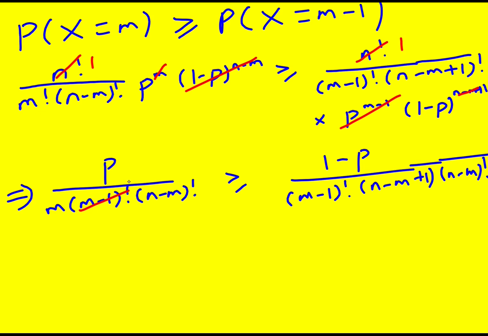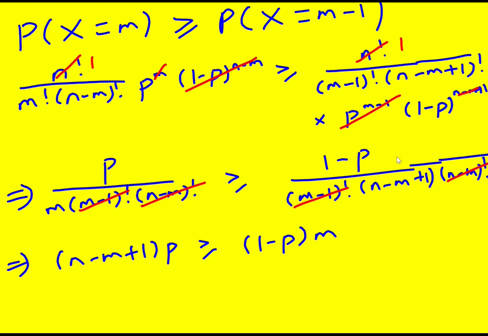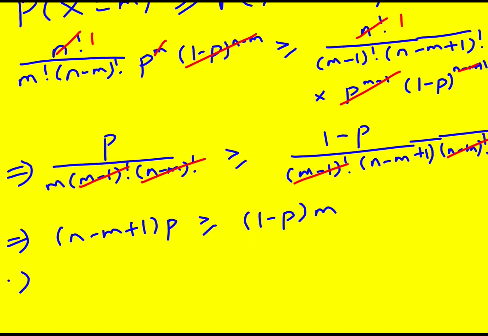And then this is going to cancel with this, and this is going to cancel with this. Cross multiply. And expand the brackets.